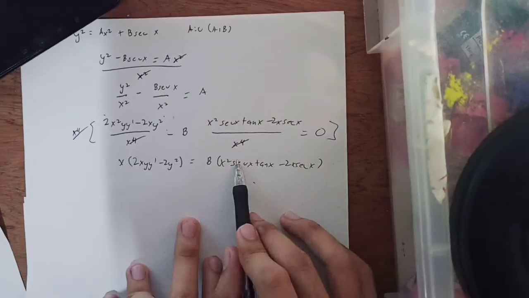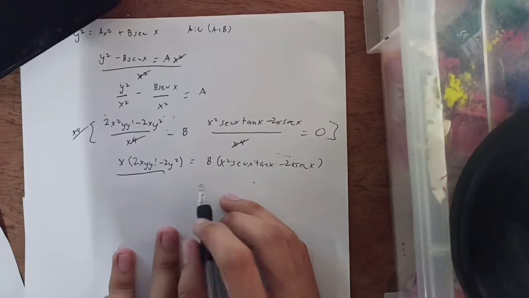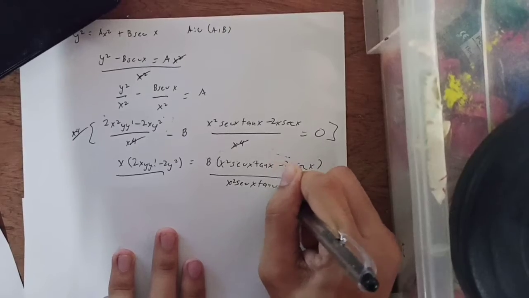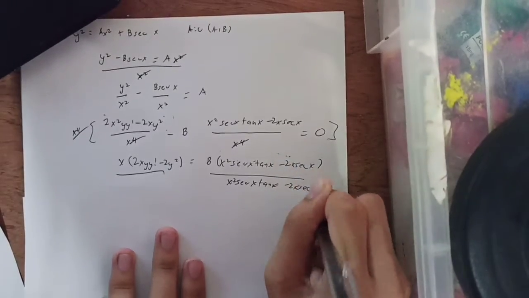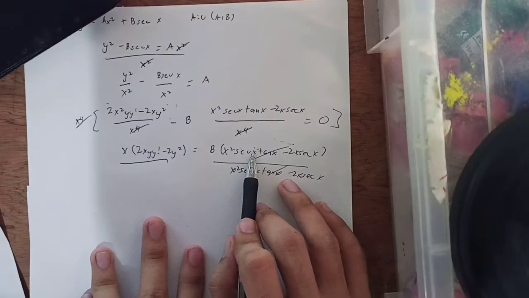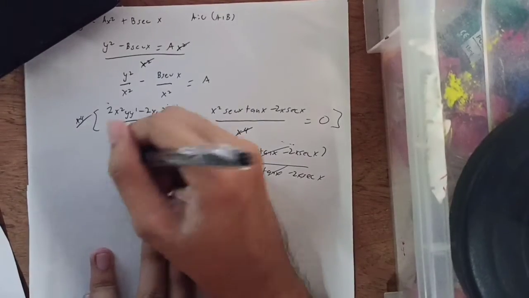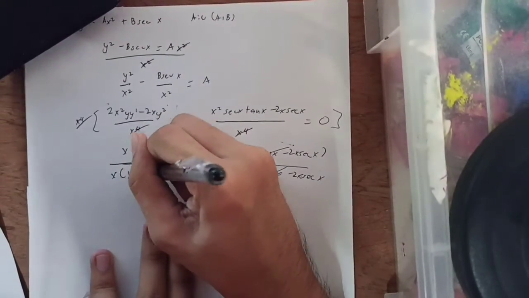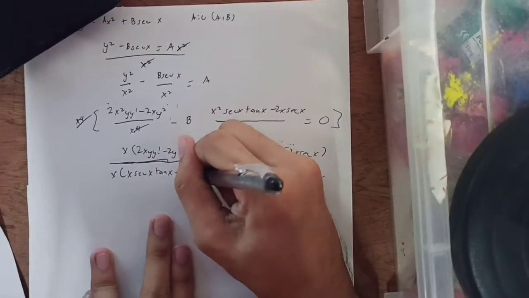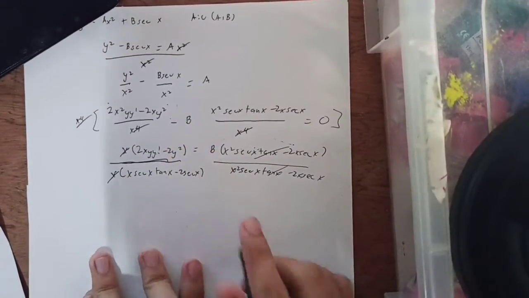And then you can multiply this whole expression to the other side, also to this side, to cancel this out. We can also factor out x with this equation. So we have on this side x is equal to x sec x tan x minus 2 sec x, so we can cancel this.